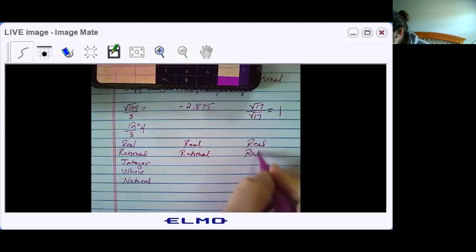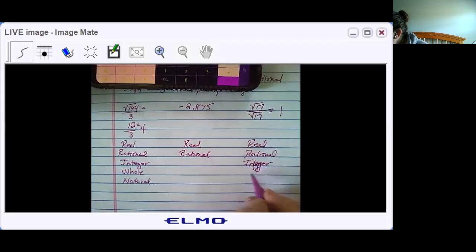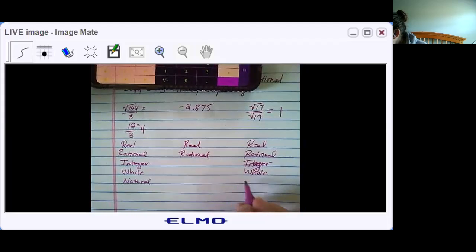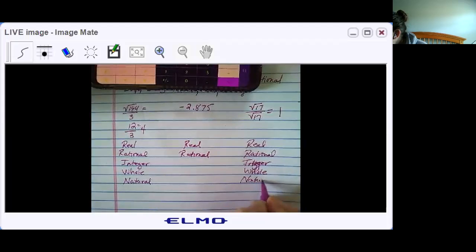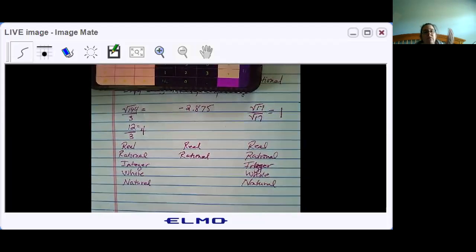It's rational because it ends. It's an integer because it doesn't have a decimal. It's a whole number because it's positive, and it's a natural number because it's bigger than 0. So this is another one that would fit in all your categories.